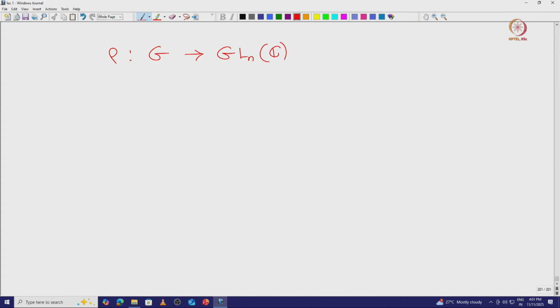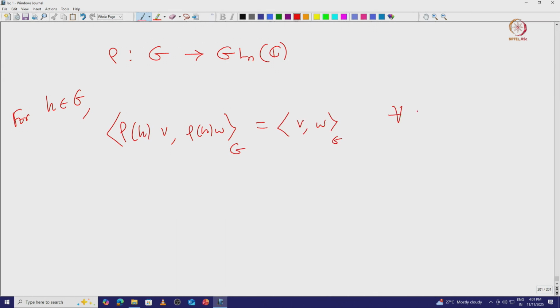To do that, we pick some h in G and then we want to verify that the inner product of rho h applied on V and rho h applied on W is the same as the inner product of V comma W, and this is true for all V, W. So, this is what we need to prove. This is the claim.